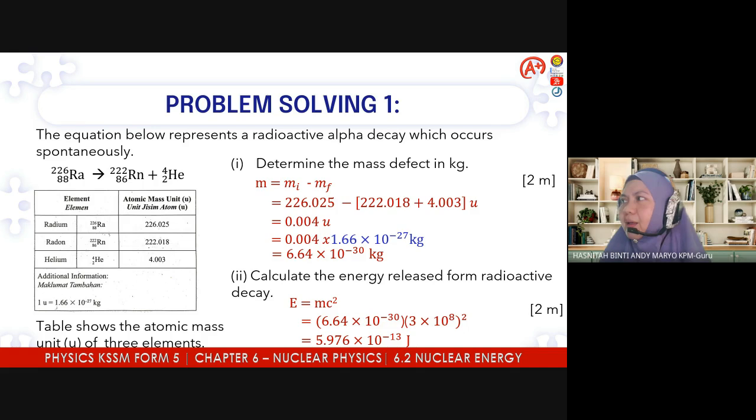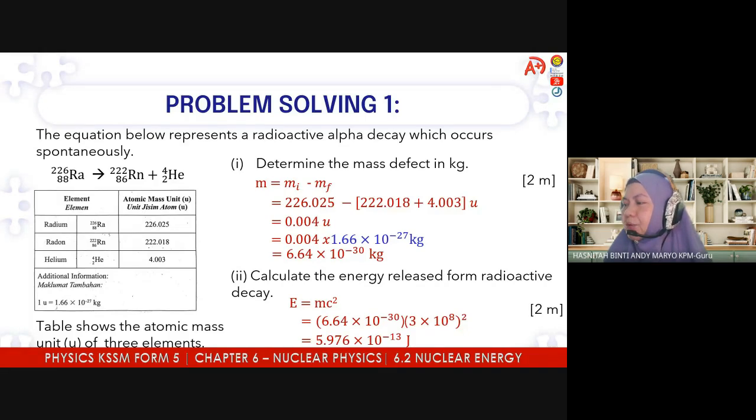According to problem solving 1, in question 4, they give you information to show the equation of nuclear fission of the uranium-235 nucleus. On the left, we have uranium and neutron, and the products we have barium 141, krypton 92, 3 neutrons, and energy.